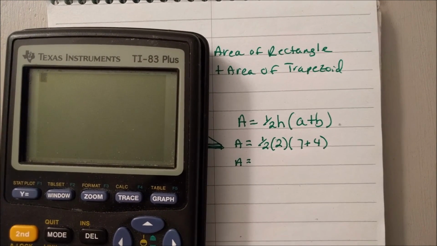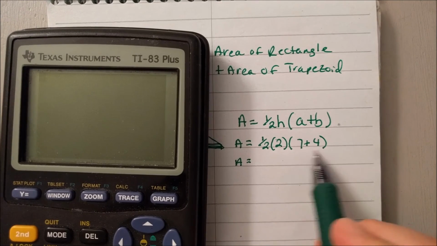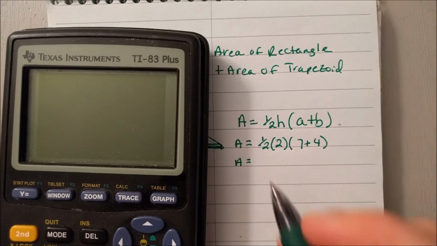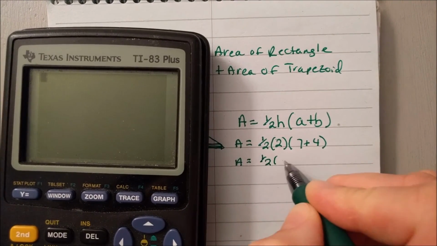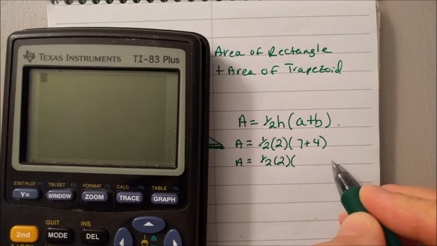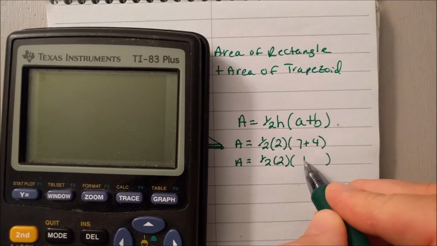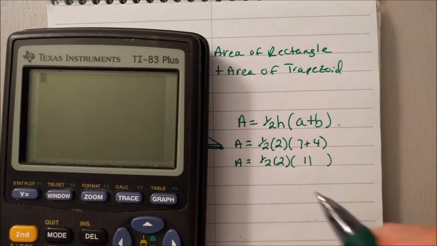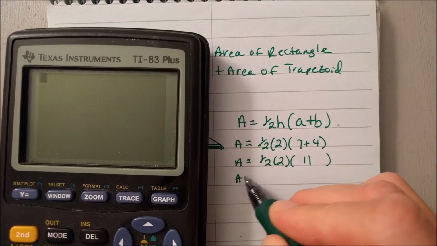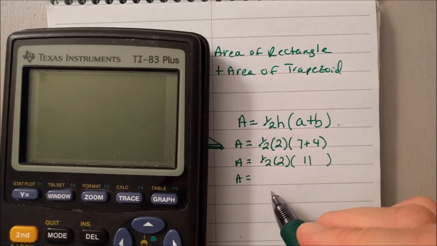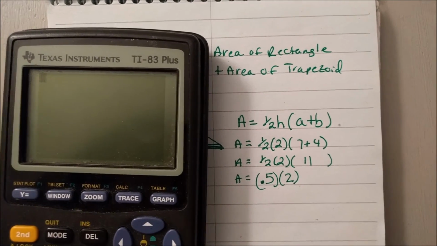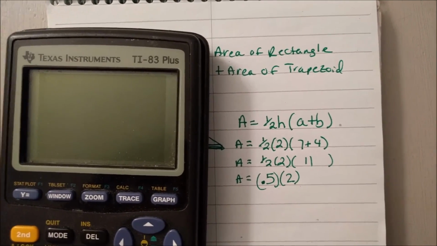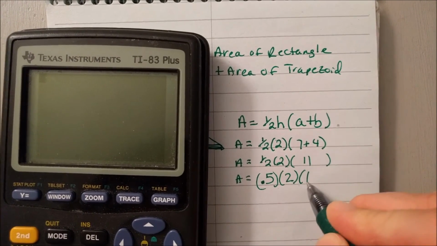Well, actually, what do I do first here? I've got parentheses. You always want to do the parentheses first. So I've got 1/2 times 2 times my 7 plus 4 is going to be 11. And now I've got a really simple problem. If you prefer to use, instead of 1/2 as a fraction, you can write this as 0.5 times 2 times 11.